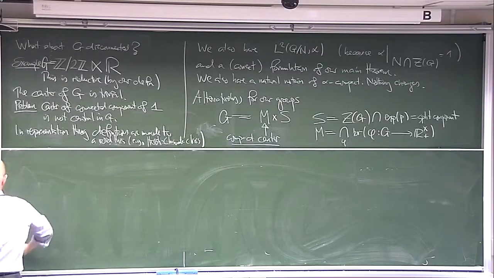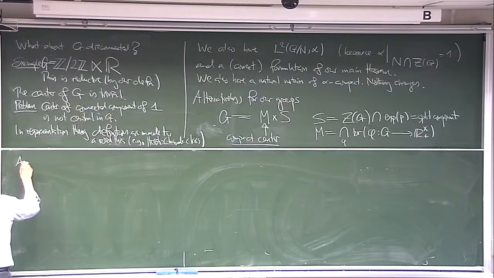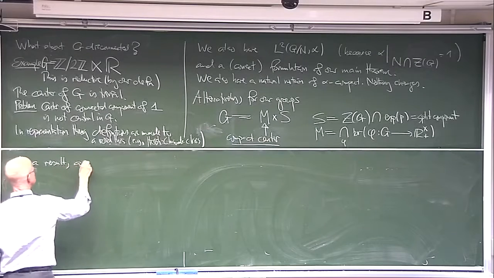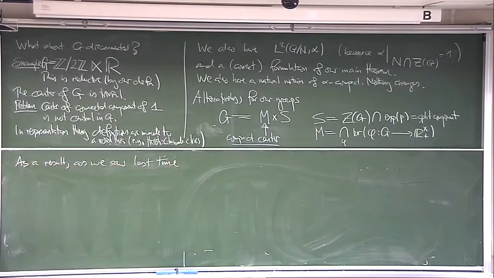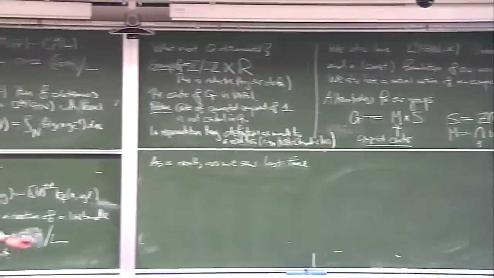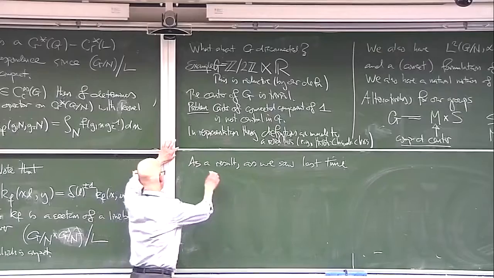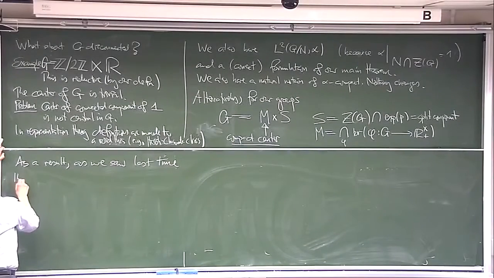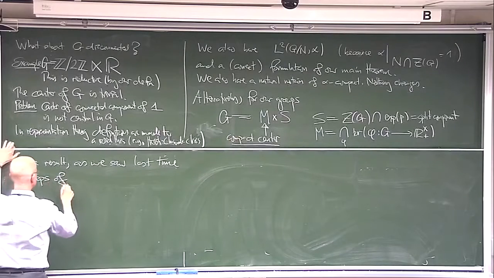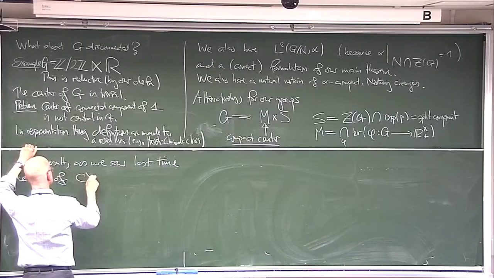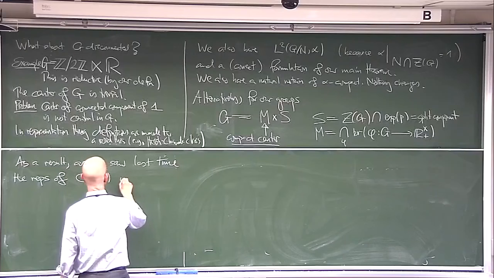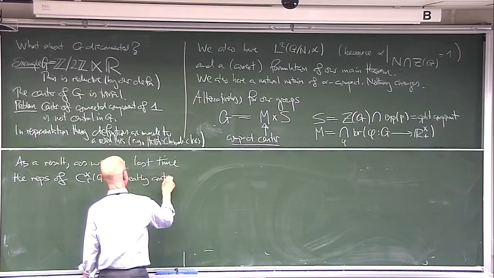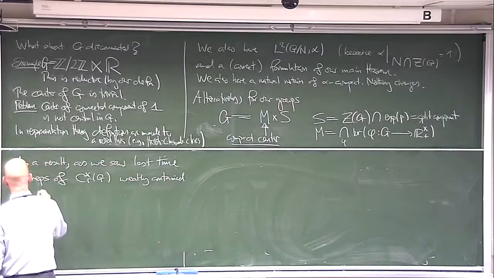So last week when we were looking at this construction in the special case of SL2, where G mod n was the plane, take away the origin, we figured out exactly what the irreducible representations were, which are weakly contained in L2 of G mod n.